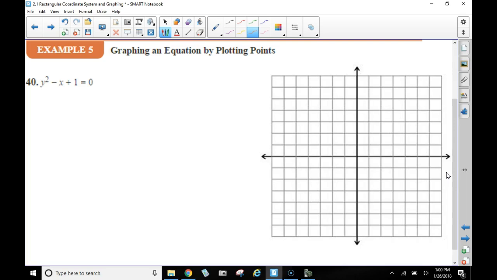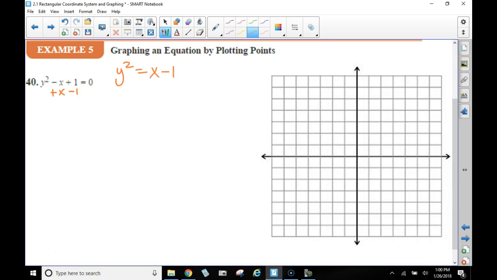It is handy whenever possible to solve for one of the variables. Now, if I try to solve for y every time, that's going to be pretty ugly. I could add x and subtract 1 from both sides, and you would have y squared equals x minus 1.